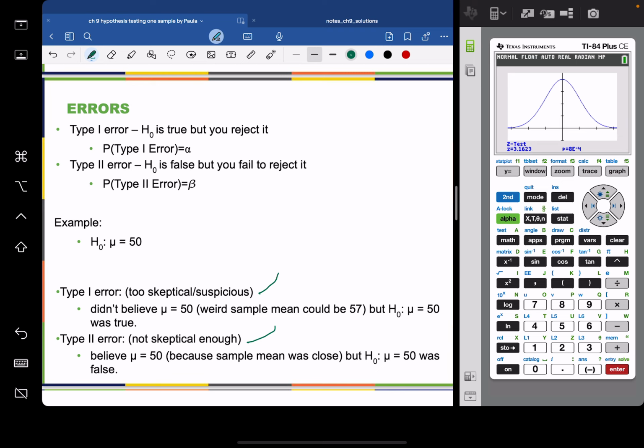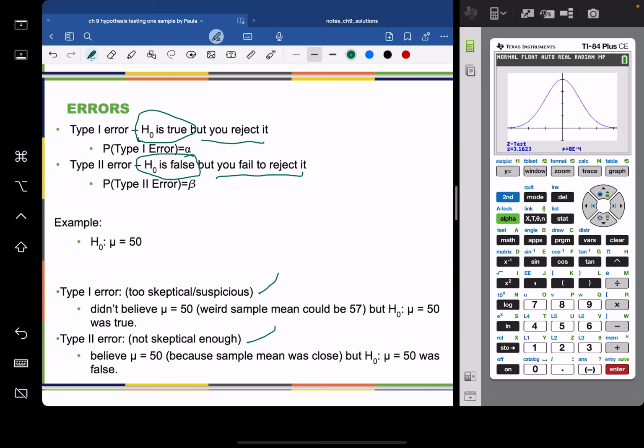So in the type 1 error, the null hypothesis was true, but you rejected it. The type 2 error is H0 was false, but you failed to reject it. The probability of a type 1 error is alpha, and the probability of a type 2 error is beta.